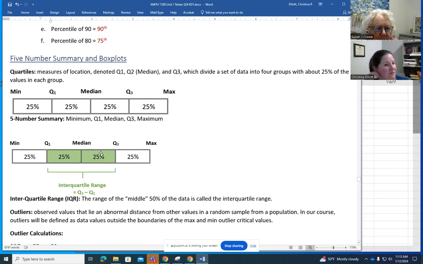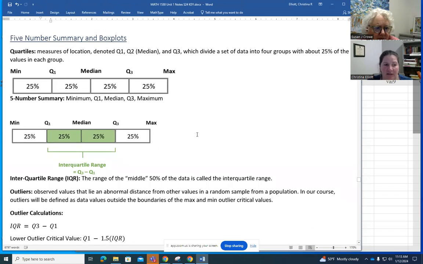We call the 5-number summary the values listed here: the minimum value, Q1, the median, Q3, and the maximum. We use those numbers to do a couple of things.